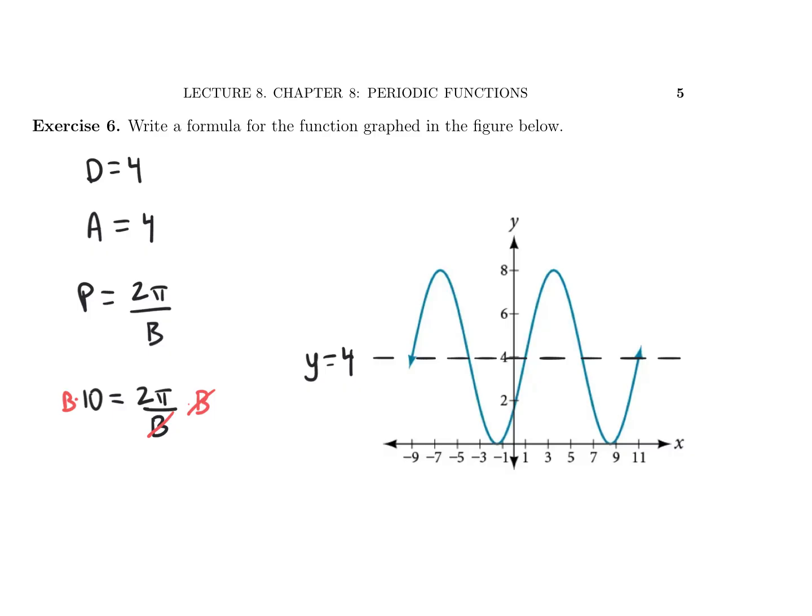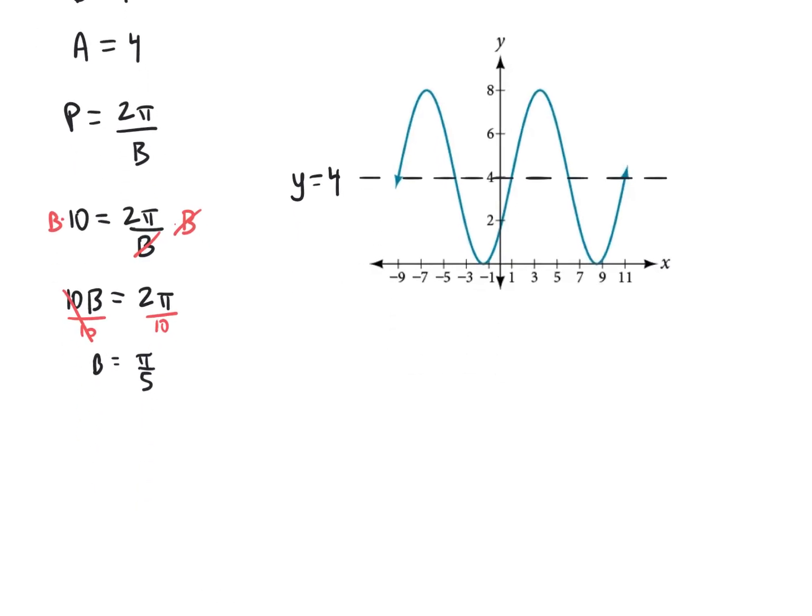Cancel, cancel. So now we have 10b equals 2 pi. Divide both sides by 10. Little algebra. B equals pi over 5. So now we have our b. We have a, b, and d. The last thing we need is our c. So let's figure out c now.